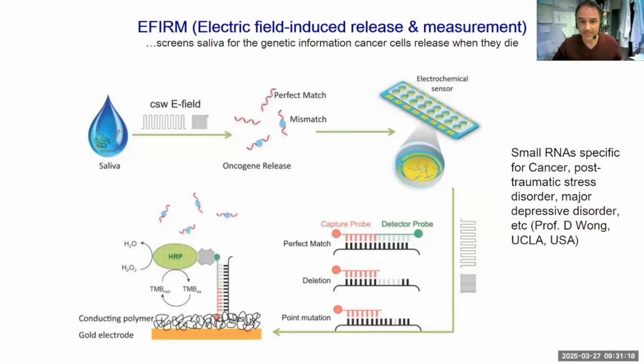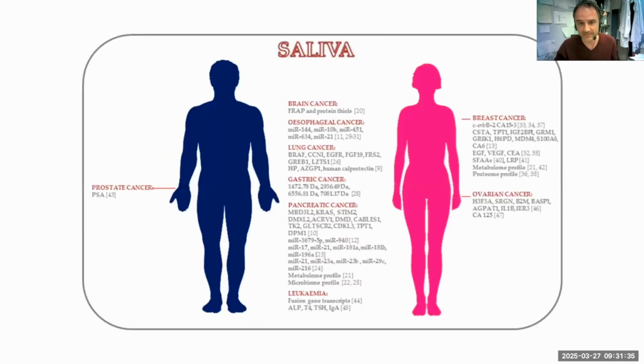This means that in the future, we can have a saliva test to detect many systemic conditions without the need for a blood test or without the need of taking a biopsy to detect specific kinds of cancers and other diseases.